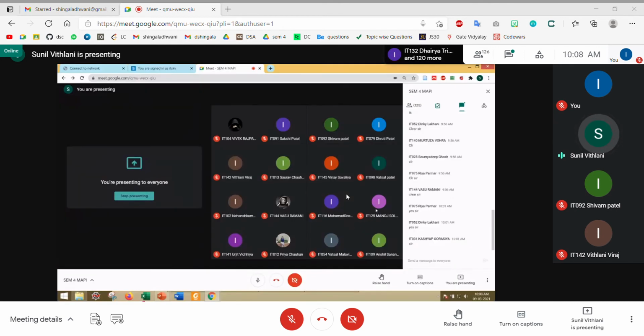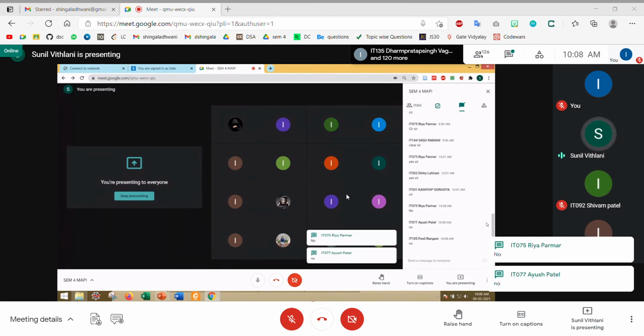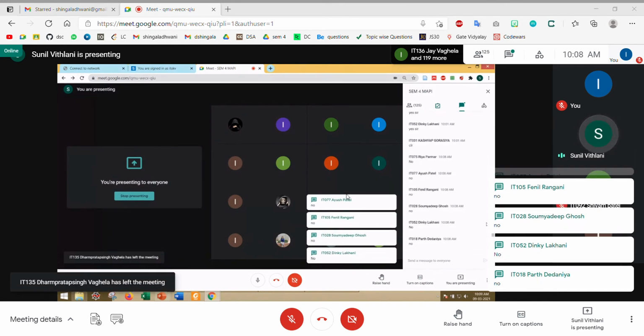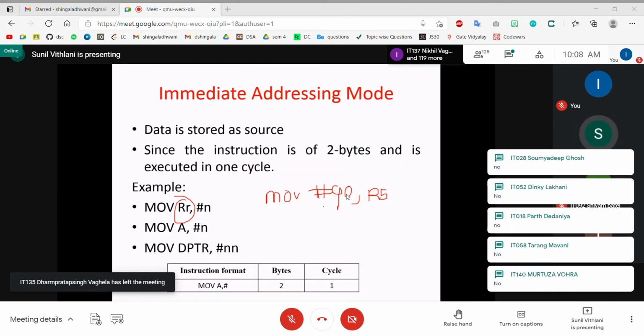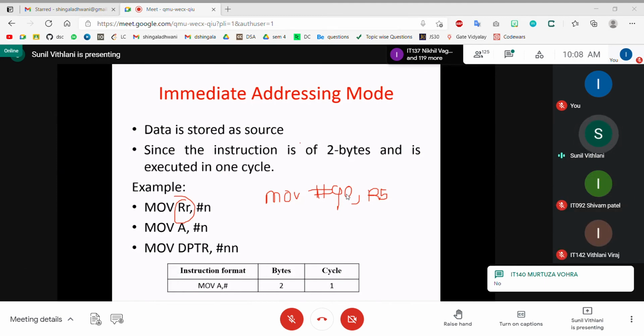Can this immediate value be your destination? No, it cannot be your destination. It will always be the source. Such a thing is never possible here. Okay, so you need to take care of this.